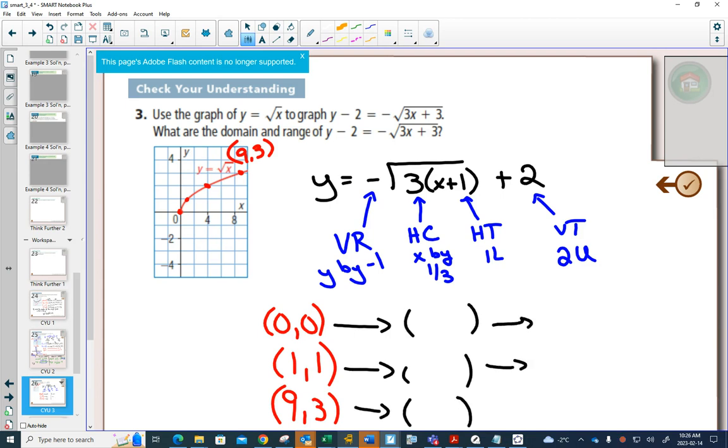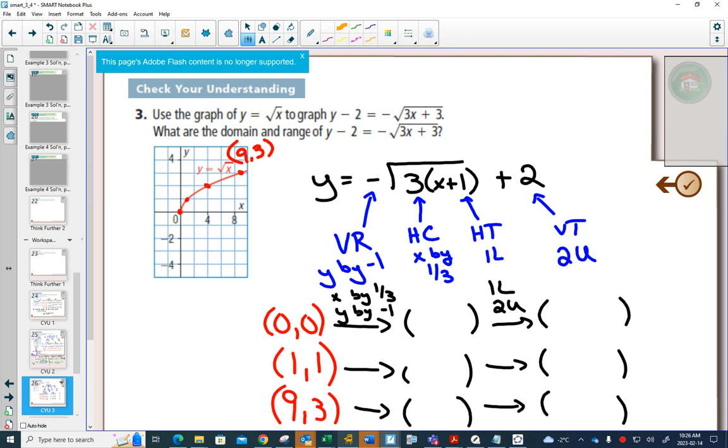Draw my arrows for translations. And above my stretches and compressions, I'm going to write them down. I have to multiply x by 1/3 and y by negative 1. So I need to go 1 left and 2 up.